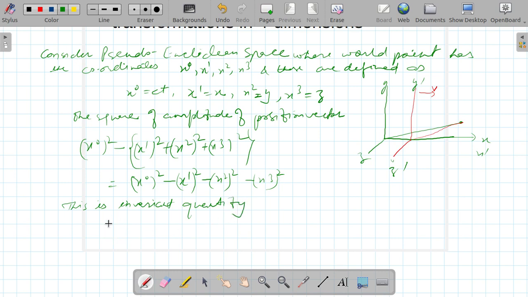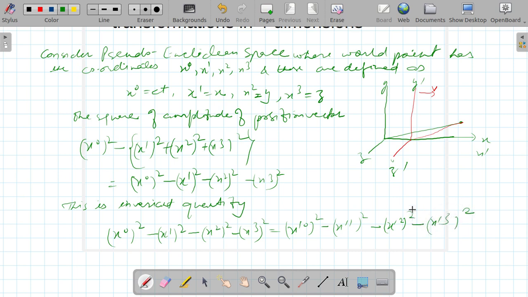So if it is an invariant quantity, then x0 square minus x1 square minus x2 square minus x3 square must be equal to x prime 0 square minus x prime 1 square minus x prime 2 square minus x prime 3 square. Let me call it equation number 1, and let me call this equation number 2.